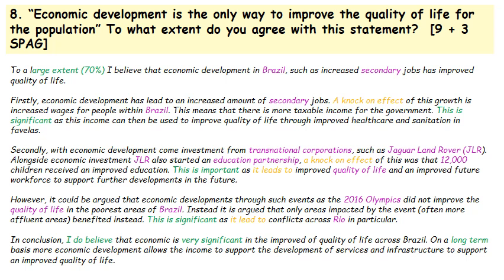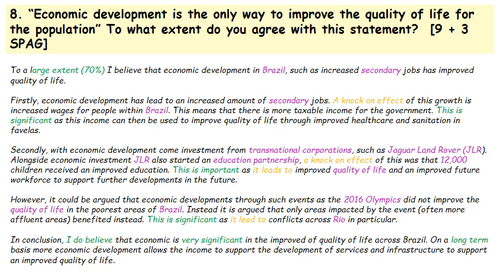favelas. Secondly, the economic development comes from investment of transnational corporations, such as Jaguar Land Rover. Alongside economic investment, JLR started an education partnership. A knock-on effect of this was 12,000 children received an improved education. This is important as it led to improved quality of life and improved future workforce to support further developments in the future.